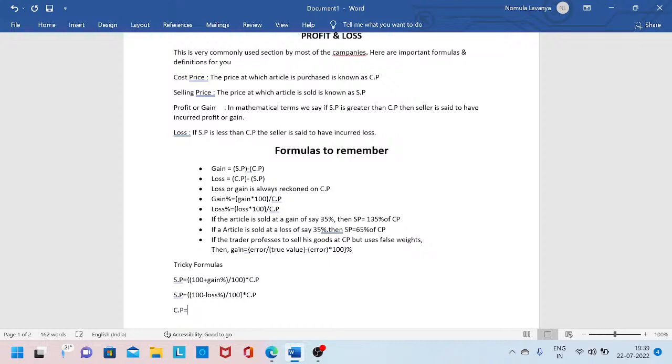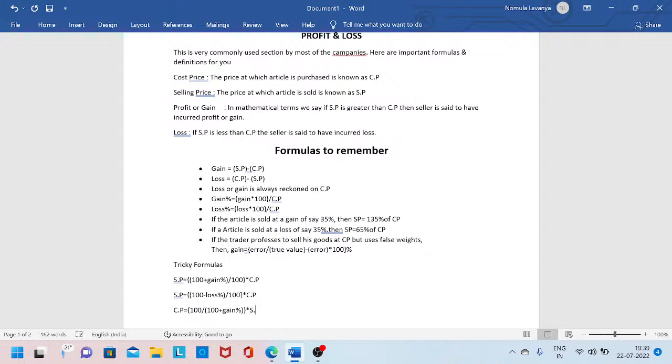CP equals 100 slash (100 plus gain percent) into SP, okay.